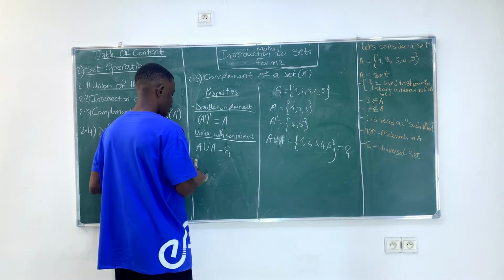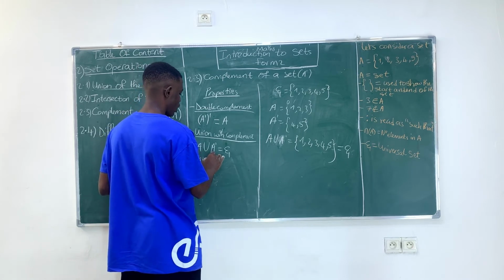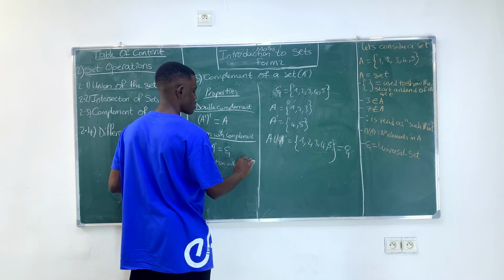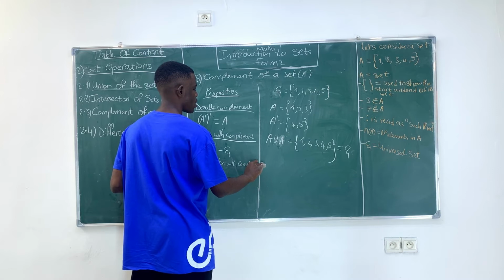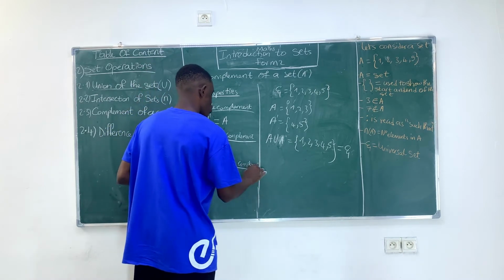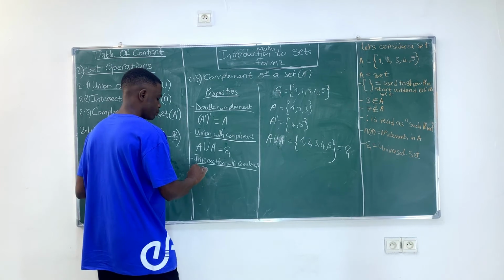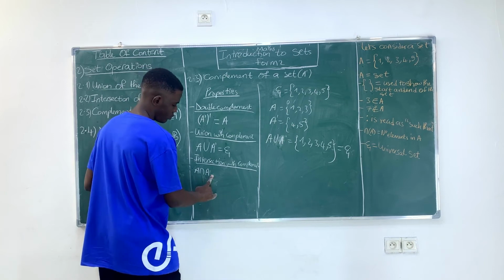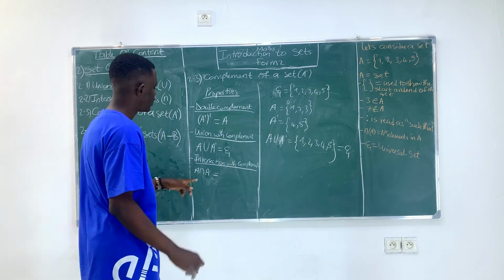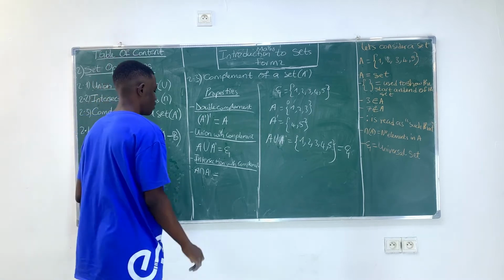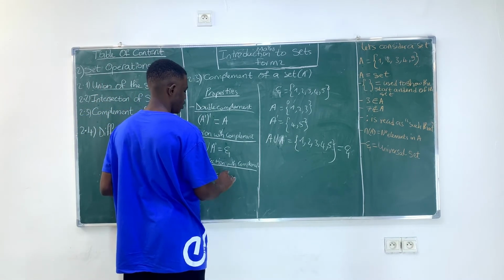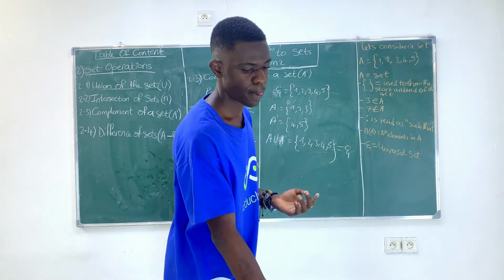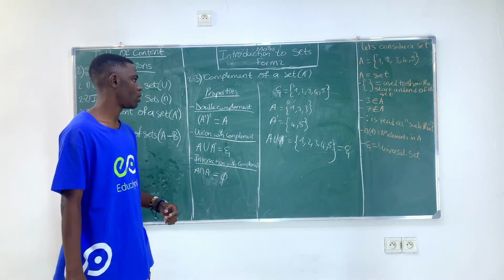The third property says that A intersection A prime is null. A intersection A prime is null.